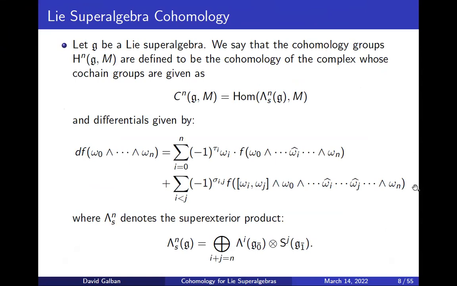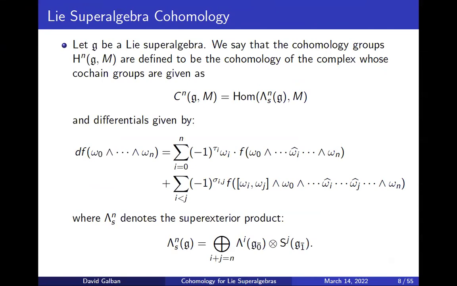All right. So now we're going to define what the Lie superalgebra cohomology is. If we let g be a Lie superalgebra, we're just going to define the cohomology groups H^n of g with coefficients in M to be the cohomology of the cochain complex with cochain groups given as follows.